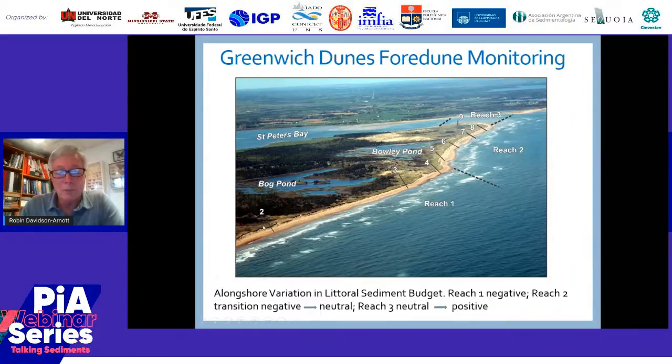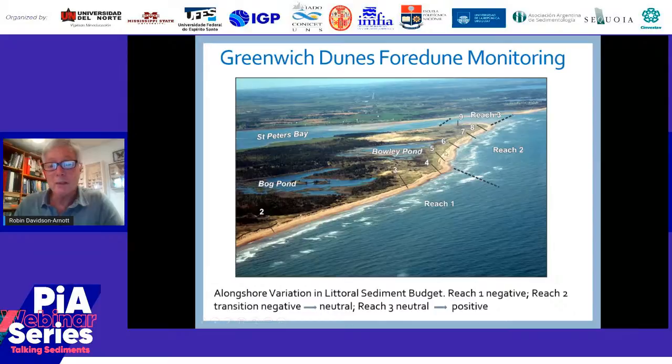One of the key things that I want to point out is this is about 4 or 5 kilometers along here. Sediment transport is from left to right here, east to west. And there's another profile out here, but we have profiles along here. And in this section, in Reach 1, the littoral sediment budget is negative. So even if we kept sea level exactly the same, this portion would be retreating because the budget is negative.